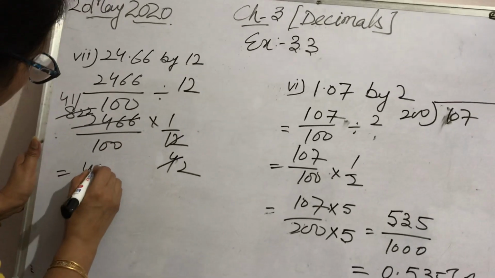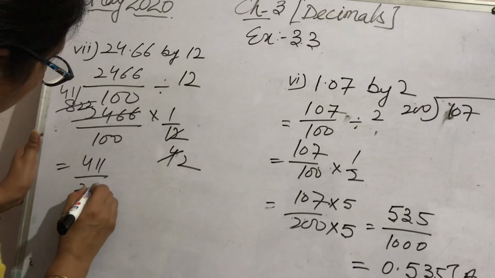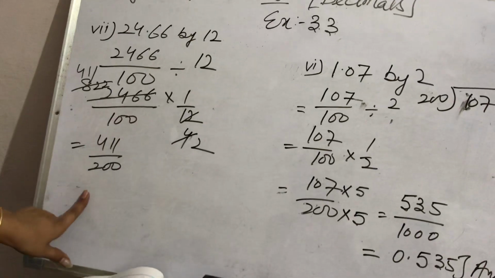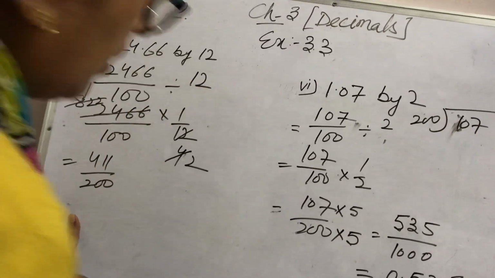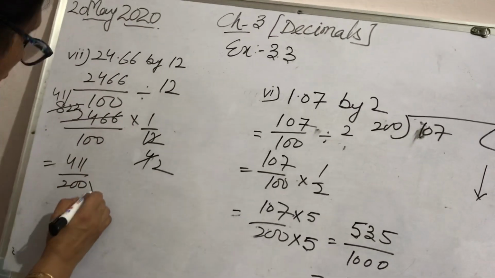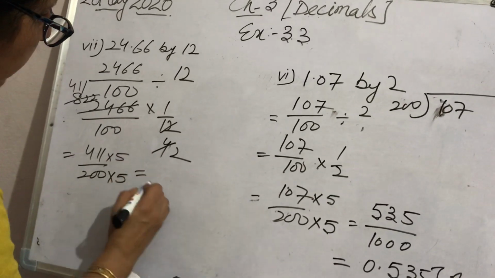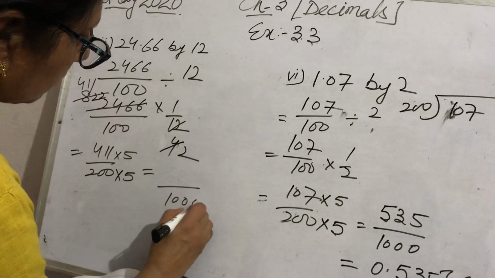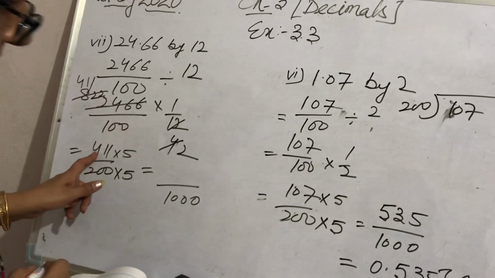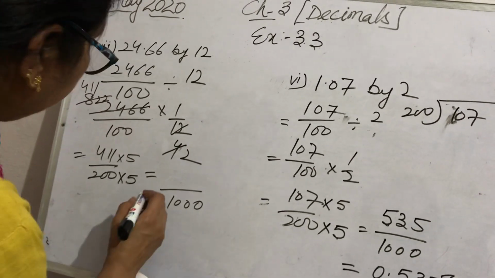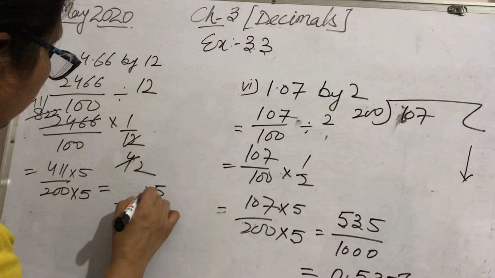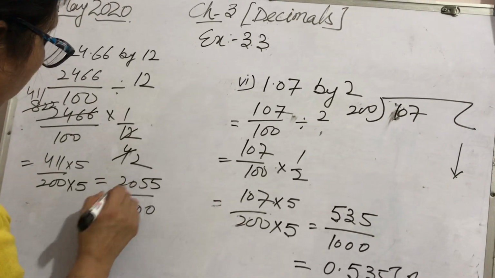Again 411 upon 200. Denominator already 200, so multiply by 5. We can make the denominator 1000. 411 also multiplied by 5. 5, 4 5s are 20.